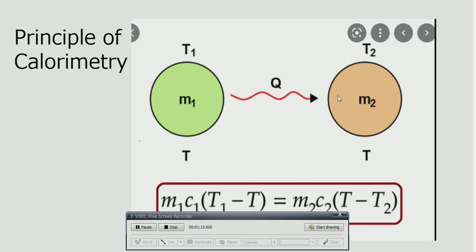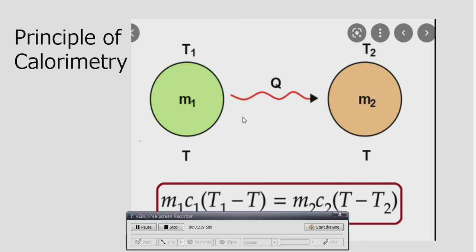Now what is thermal contact? Suppose I have taken an aluminium rod and made a connection between M1 and M2. That is also one kind of contact. If they are in thermal contact, what is happening? The heat lost by the hot body will be equal to the heat gained by the cold body.